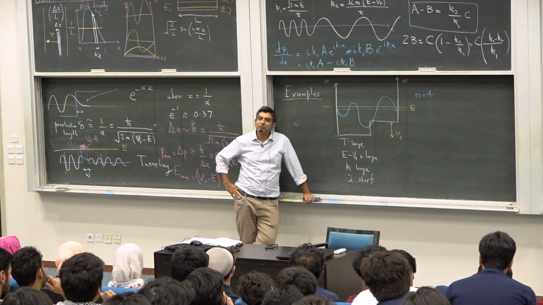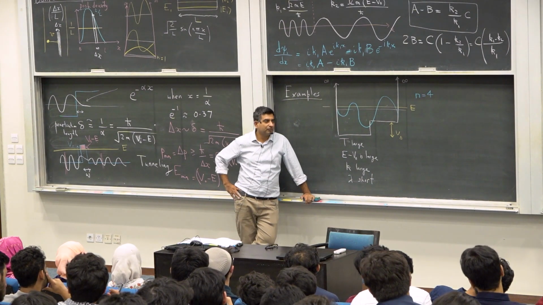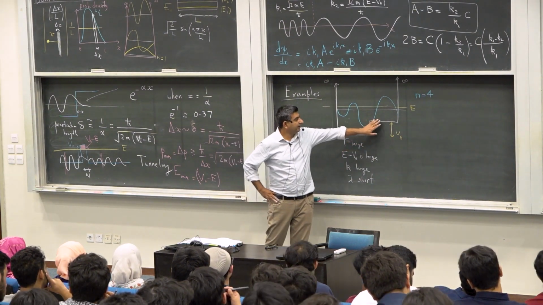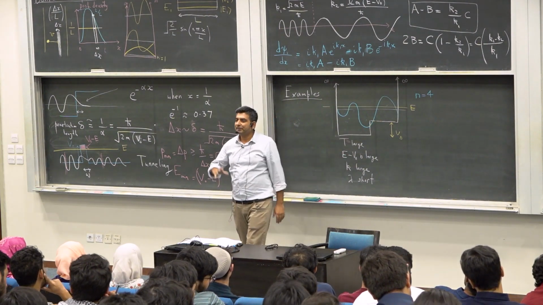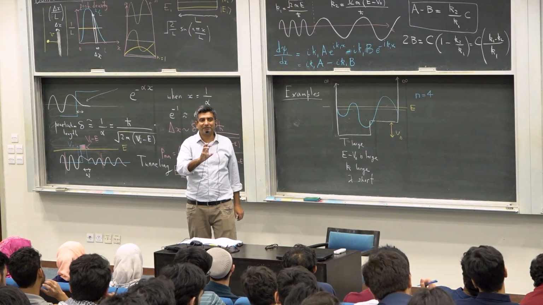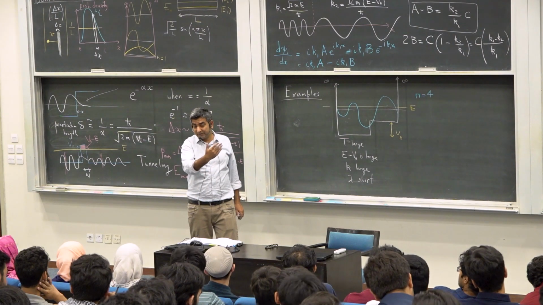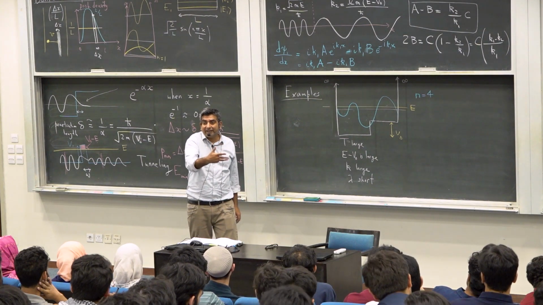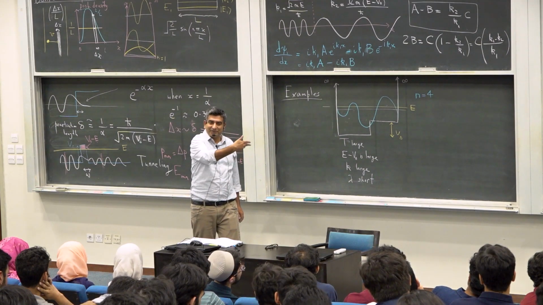Is the particle moving with uniform speed even classically? No. Here the kinetic energy is small, so the speed is small. And when the speed is small, there is greater likelihood of locating the particle in the right side of the well because it's moving slower.